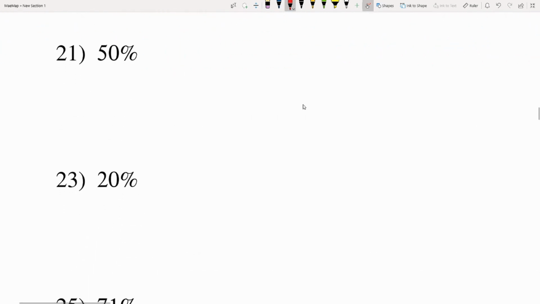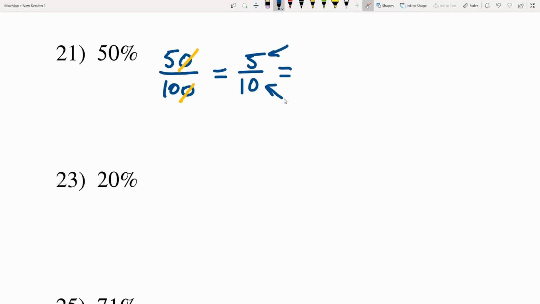In number 21, 50%. 50% is 50 over 100. Both are divisible by 10, as you can tell by both ending in a 0. So dividing 50 by 10 and dividing 100 by 10, I get 5/10. Now 5/10 is a more simplified version of 50 out of 100, but 5/10 can also be simplified down because 5 goes into both 5 and 10.